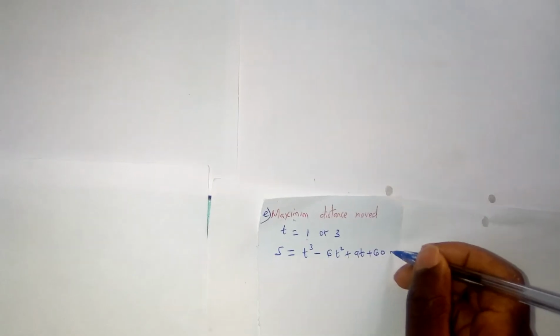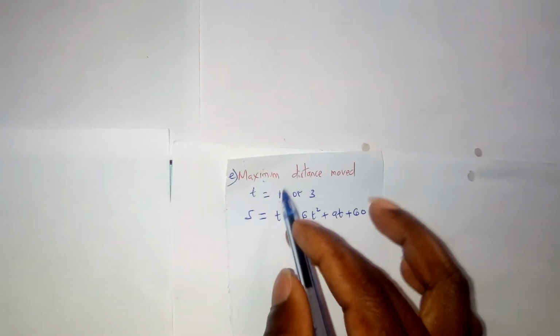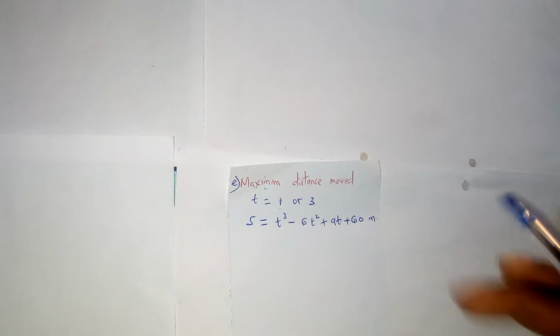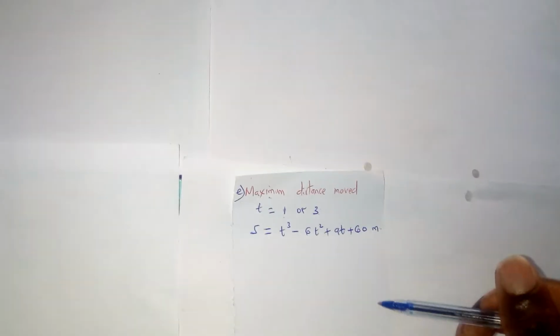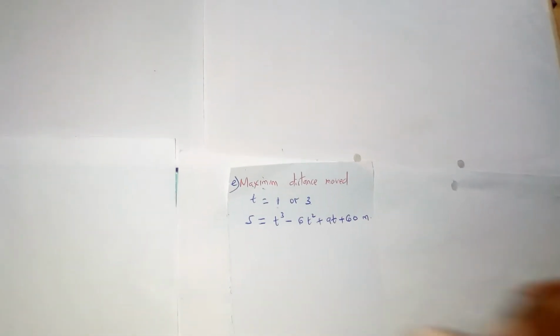Remember, everything was in meters. So this is the equation of the displacement, and we shall use it by substituting. For the first time we substitute t with 1 and get the displacement there. Then we do the same when t is 3, so that we can compare both displacements to get the maximum one.